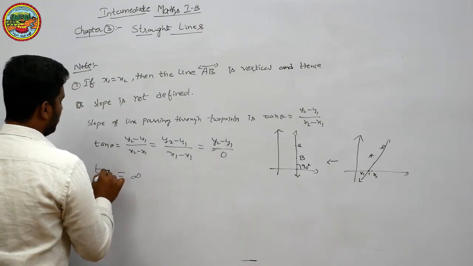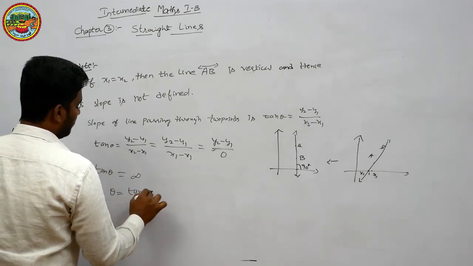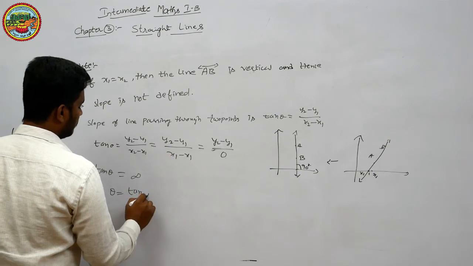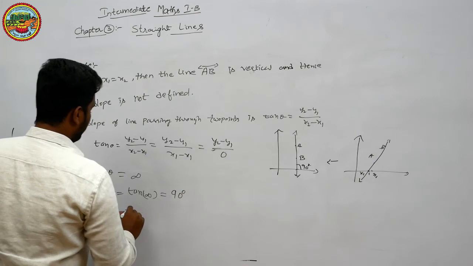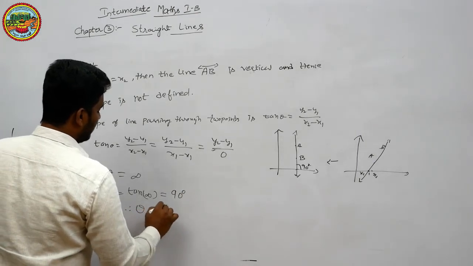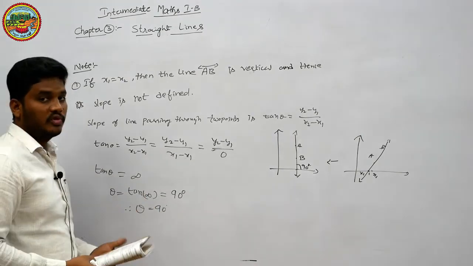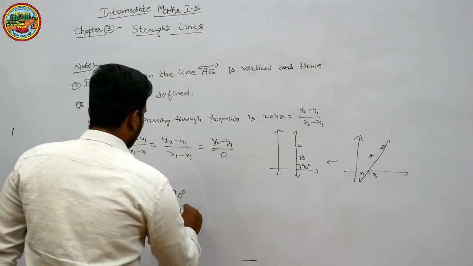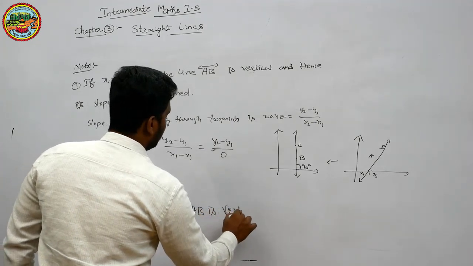Tan theta is equal to infinity. So theta is equal to tan inverse of infinity, which means it is equal to 90 degrees. So therefore theta is equal to 90 degrees. When theta is 90 degrees, the line is a vertical line. Therefore AB is a vertical line.